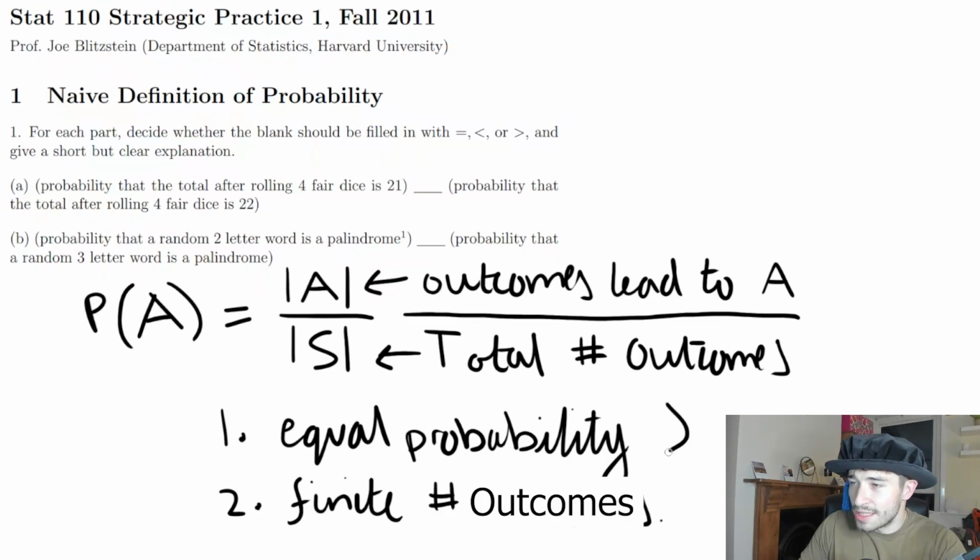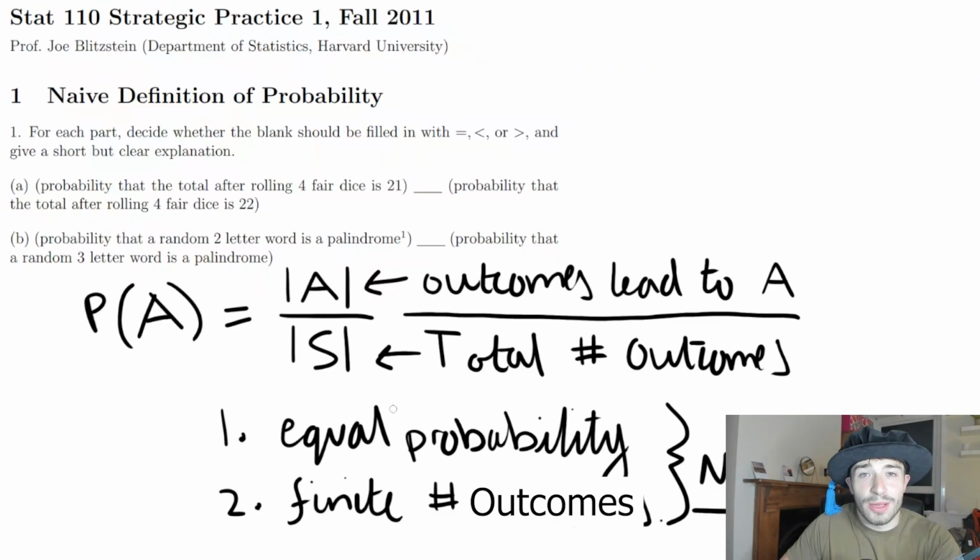Now, it's actually these two things that make this definition of probability hopelessly naive. Because most of the time, outcomes don't have equal probability. And frequently, there are not a finite number of occurrences either.